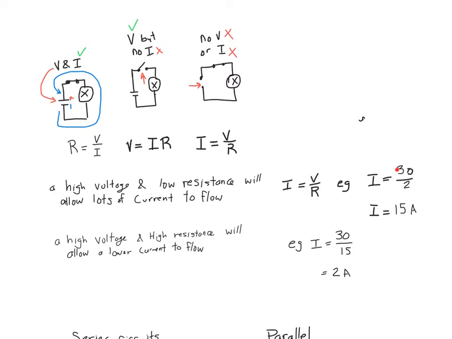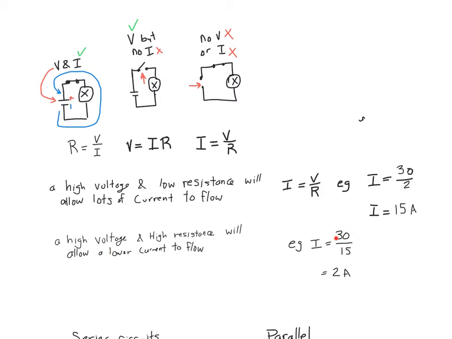It's important to note that I'm not necessarily saying 30 is high and 2 is low, but they're just numbers to show you the relationship between how a high voltage and a low resistance provides you a higher current compared to a high voltage and a high resistance. So in this case, they're both high.